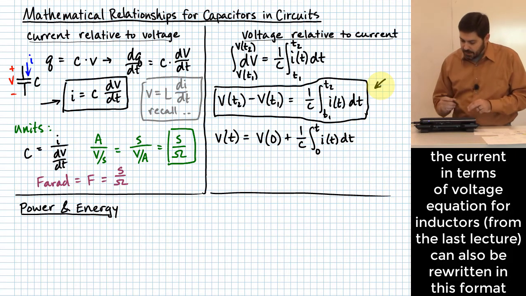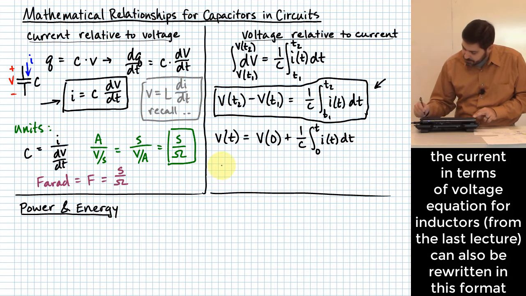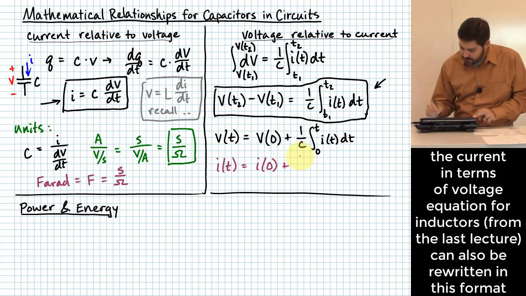Okay? So I wanted to tell you that for an inductor, i of t is equal to whatever your i value is at time 0 plus 1 over L, the integral from 0 to t of v of t dt.